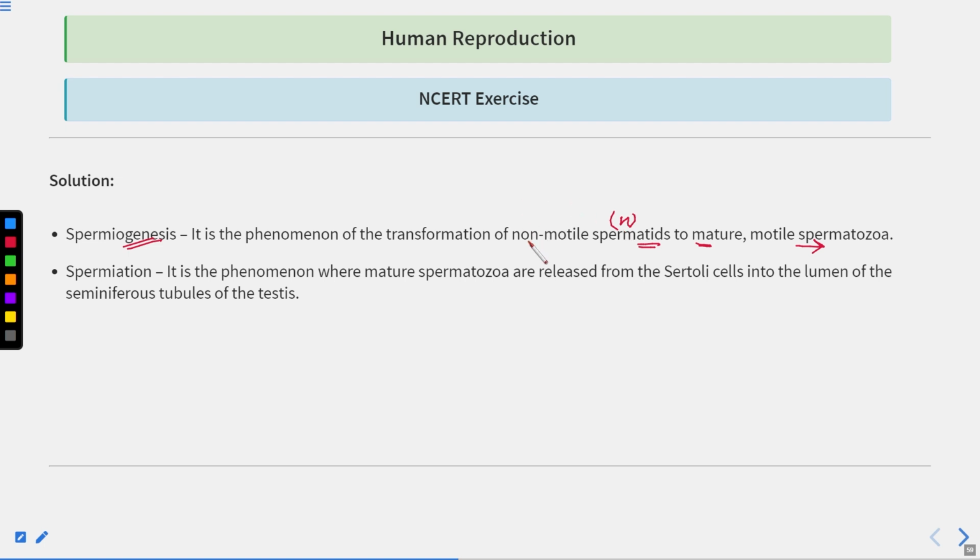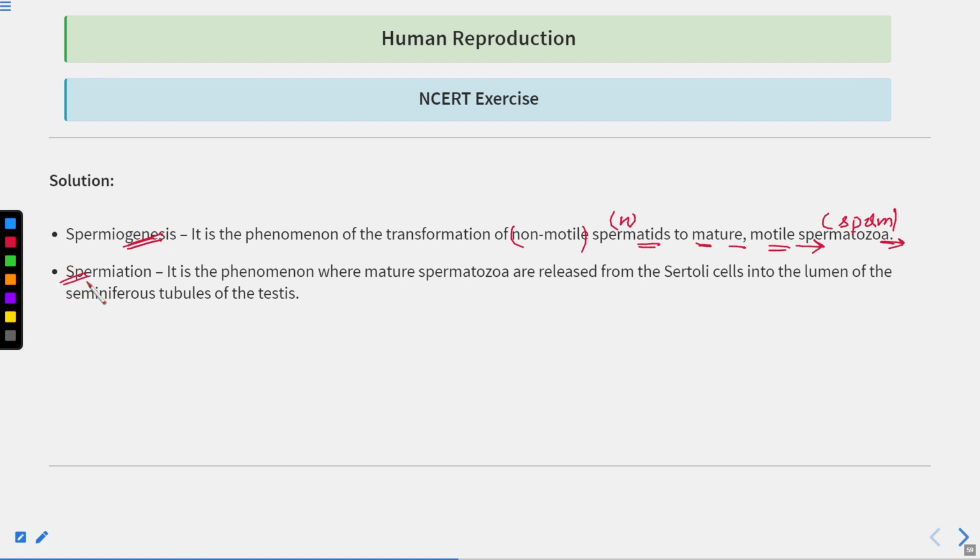Then these spermatids, which are non-motile, metamorphose into the mature and motile spermatozoa, also known as the sperm. You know sperm can swim because it has a tail. So this is known as spermiogenesis, transformation of the spermatids into the mature spermatozoa.